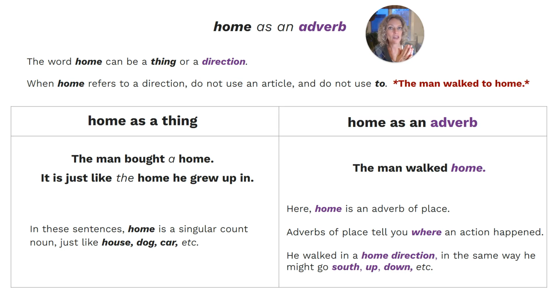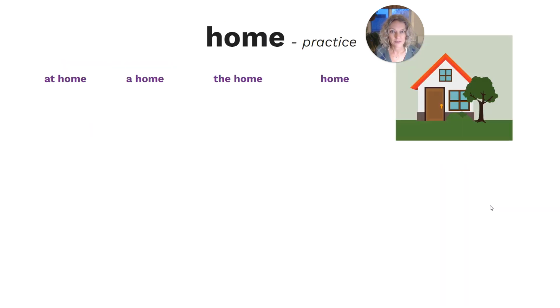In the same way he could walk south or up or down. It's telling you how he walked. It's no longer a singular count noun, and so that's why you do not have a determiner with home in those sentences where home is acting as an adverb. And you also should not use a preposition when home is an adverb of place.